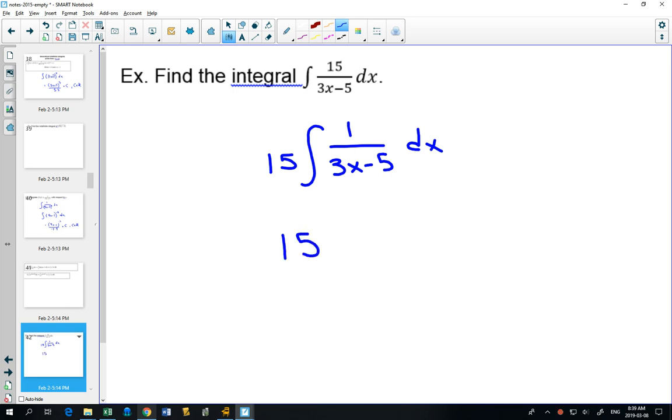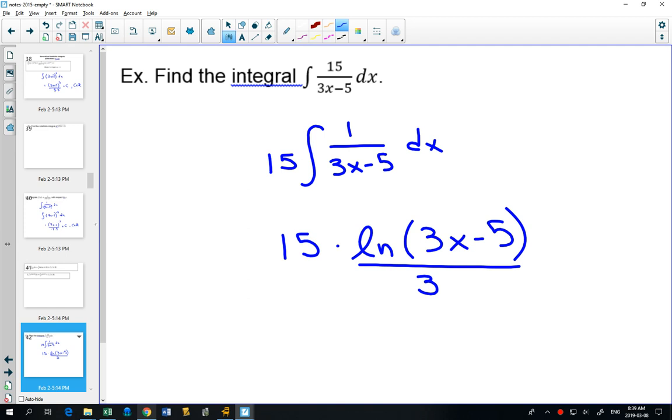And the integral of anything 1 over would be the natural log of that. But we would have had a chain rule, so we'd also divide by 3. And of course, you could simplify that to just be a 5 if you wanted to, or you could leave it like this. That'd be fine.